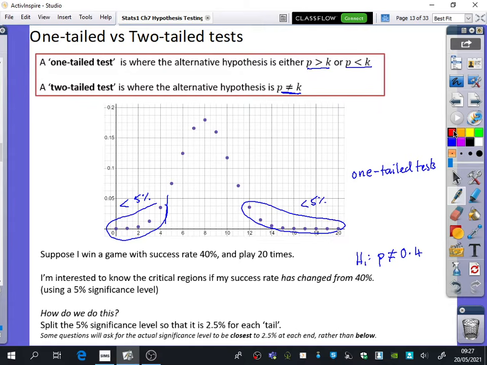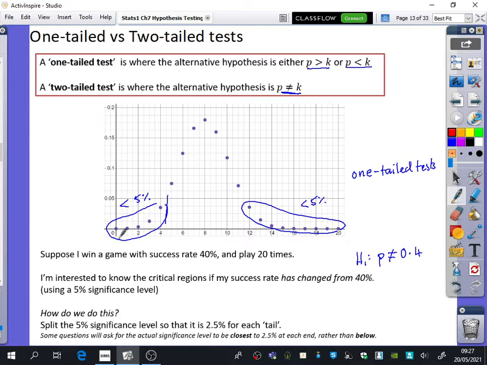But a two-tailed test means we have to think about both tails because we're saying that the probability is not equal to 0.4. So we need to consider the top end and the bottom end, the two regions that would make us think the probability had changed. So how do we do this? Well, what we do for the two-tailed test is we split the 5% significance level so that it is 2.5% for each tail instead.